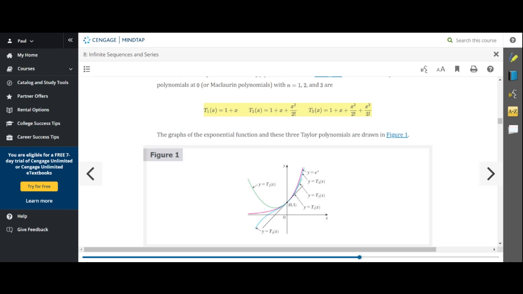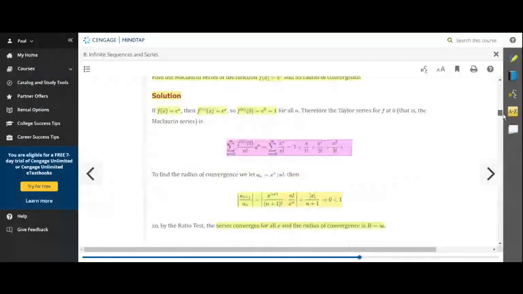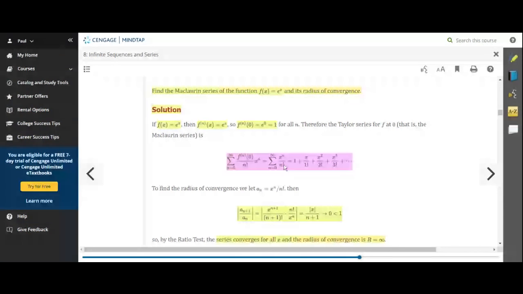Good. That's right. More terms. Keep in mind here that the exponential function e to the x is equivalent to this infinite series, this power series with an infinite number of terms.